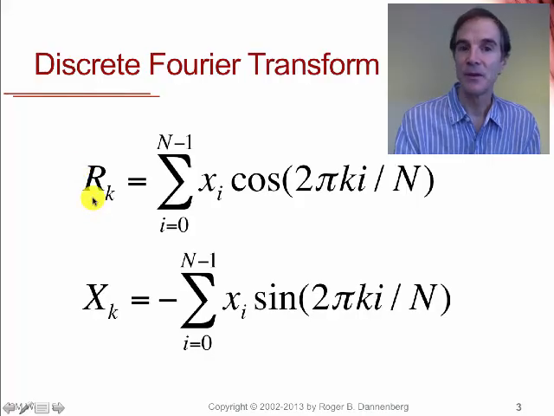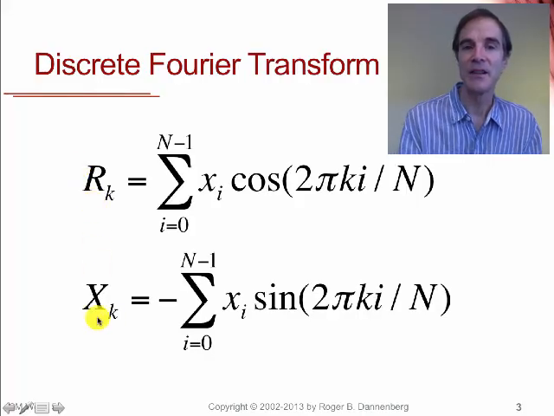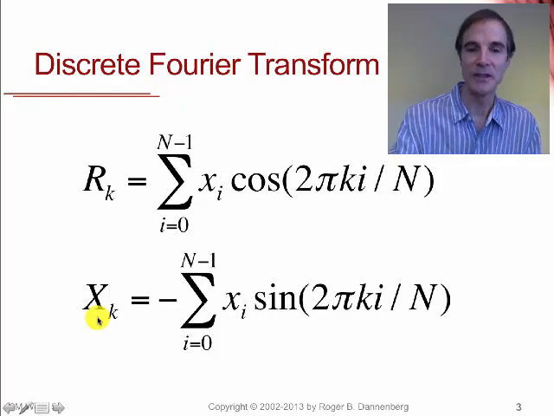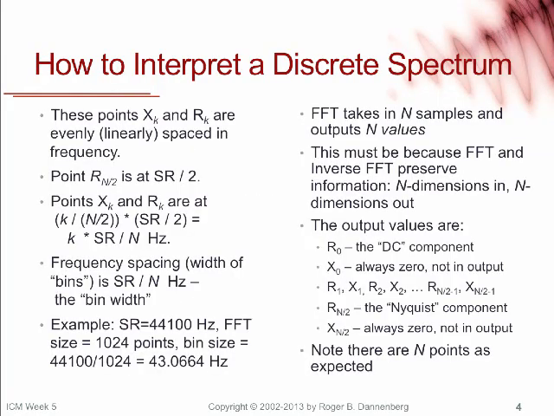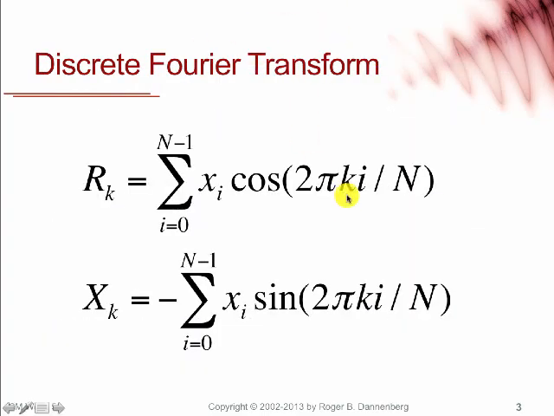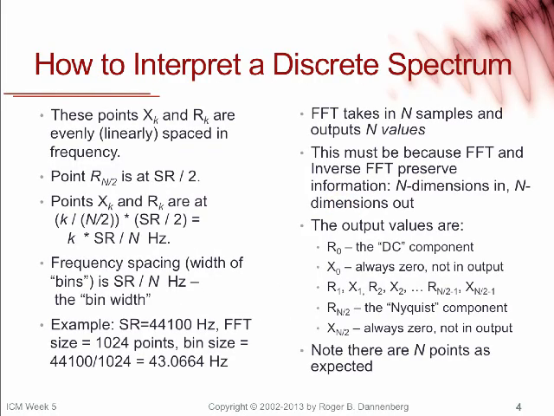The r's are the real coefficients and the x's the imaginary coefficients. These points, x sub k and r sub k, are evenly linearly spaced in frequency because, let's go back, you saw that k is a factor in the frequency term here. And the question now is, what do these coefficients really represent in terms of frequency?